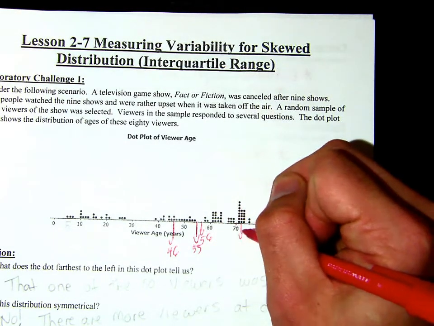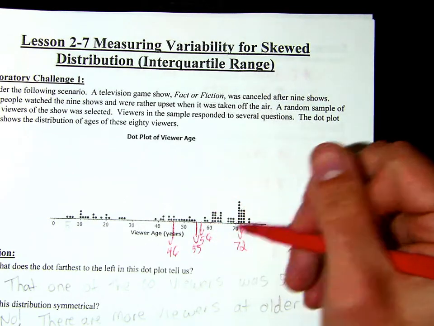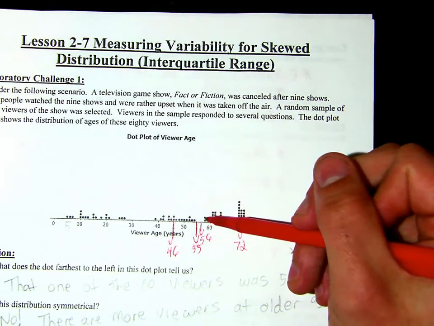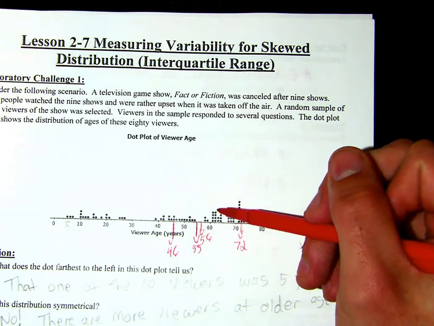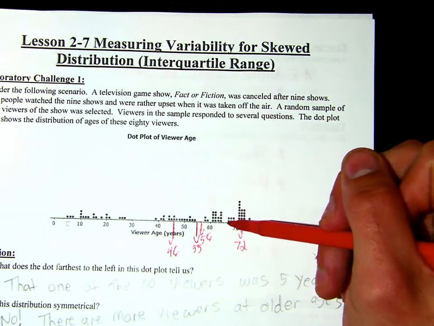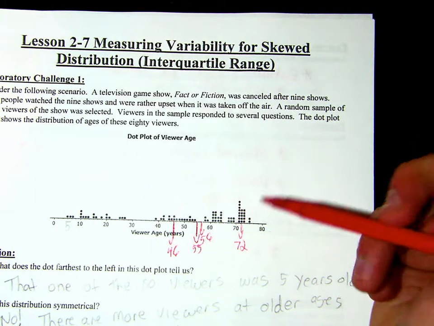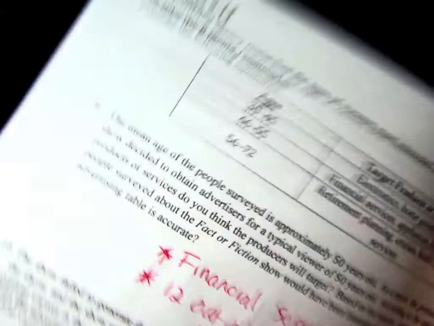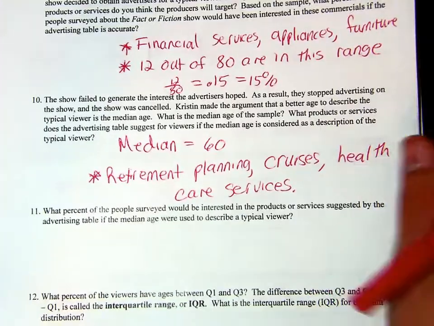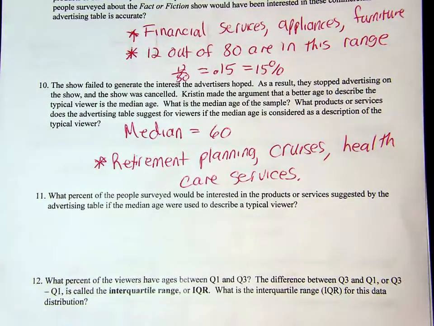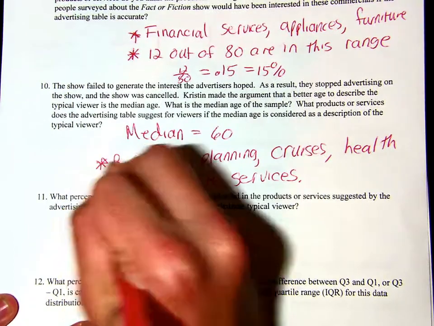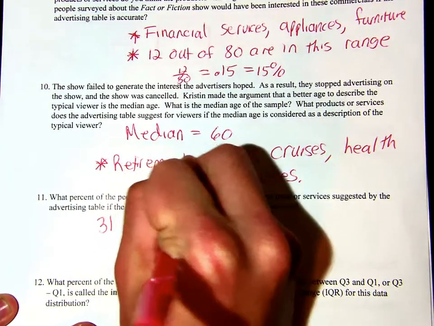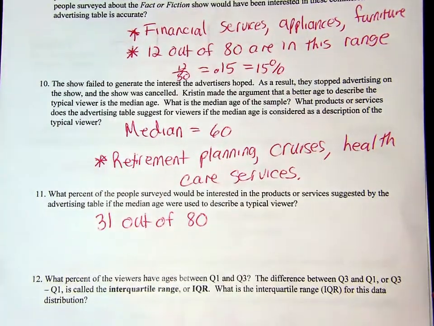And if we count up all of the dots between 56 and 72, we should get that there's 31 of them. If you want to go through and count them to make sure there's 31, go for it. But number 11, if you count them all up, you'll get 31 out of 80 people surveyed.